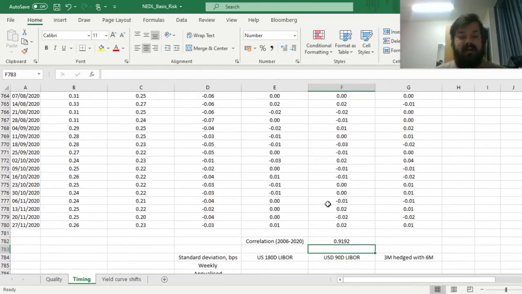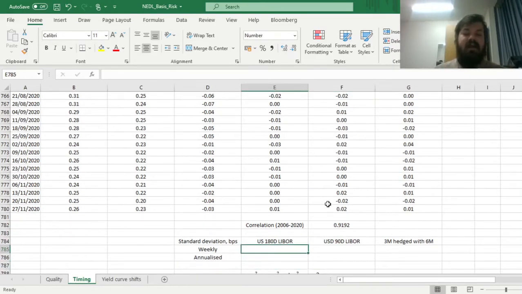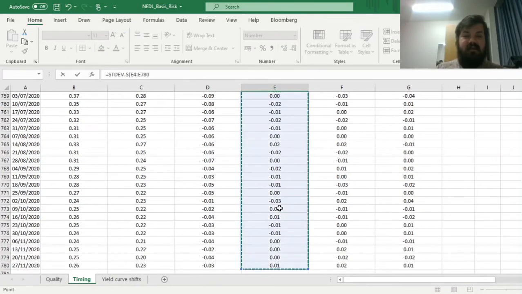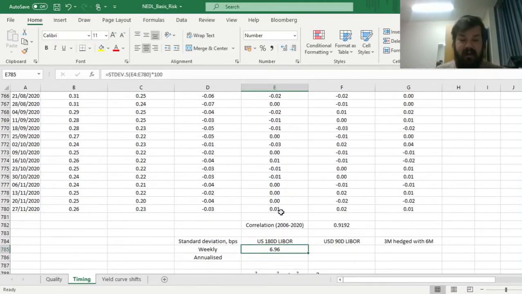It's 0.92. And here we can again apply the same procedure, calculating the standard deviation of weekly yield in basis points, so multiplying by 100, converting percentage points to basis points. And here we can see that our 180-day LIBOR is a little bit less volatile than 90-day LIBOR.